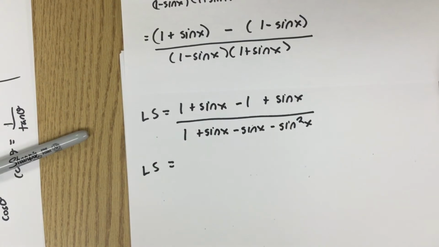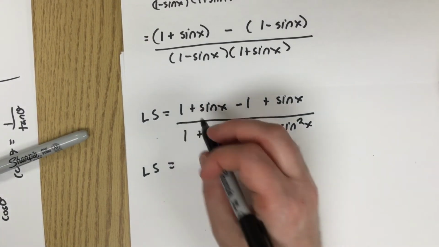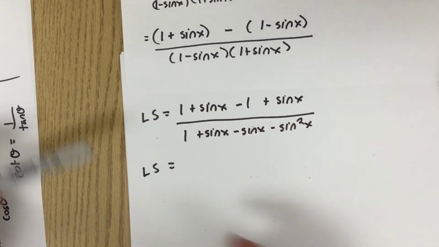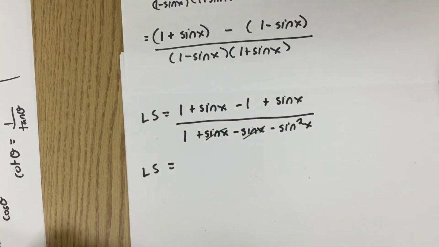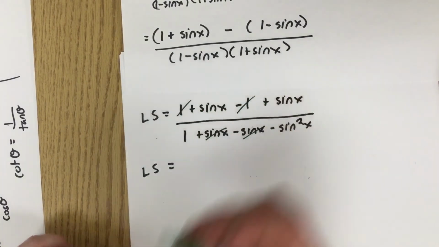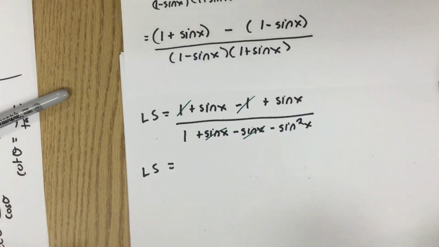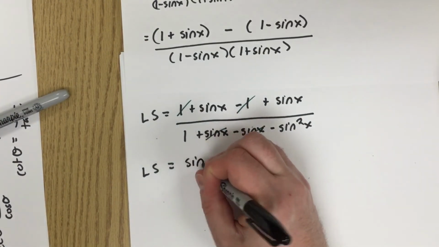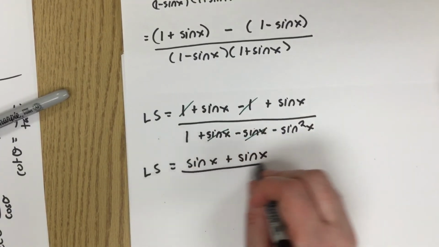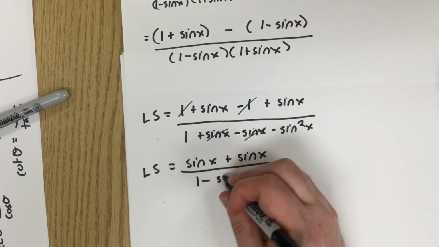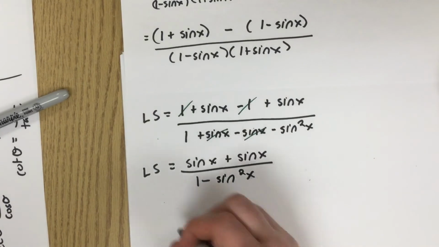Okay. So what we notice is that on this bottom, these guys cancel. And for the top, we have 1 minus 1. So these guys also cancel. So that's going to give us sine x plus sine x over 1 minus sine squared x.